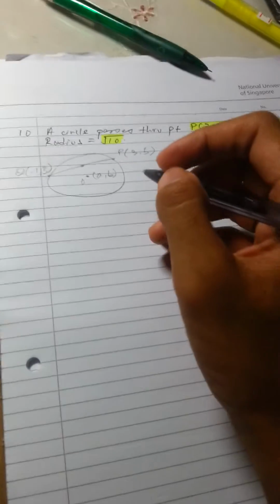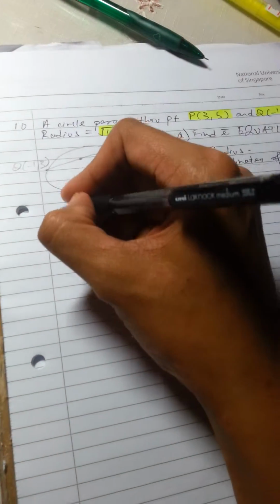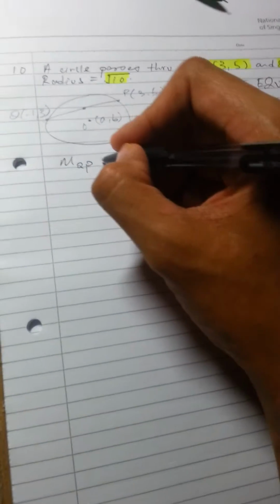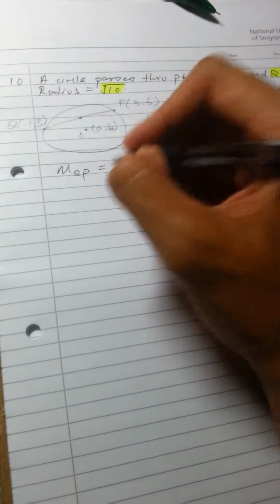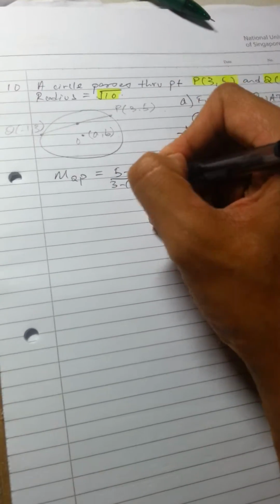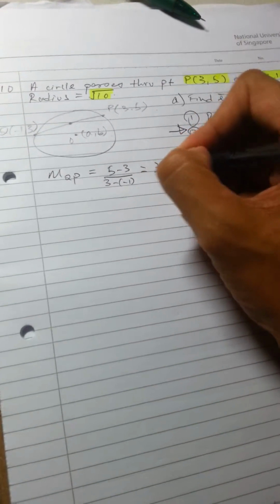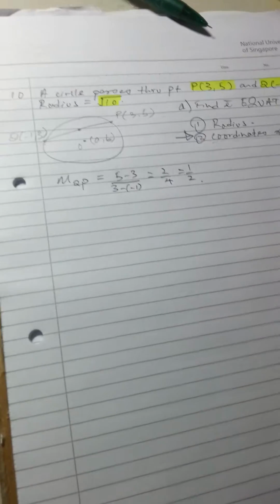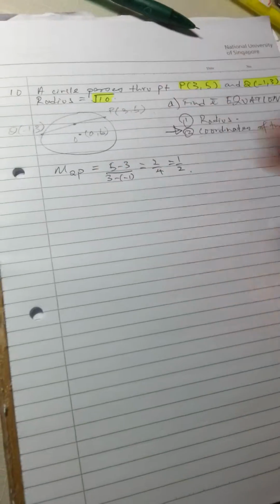How are you going to find the gradient of the line? First things first, let's name this. The gradient of QP is equals to 5 minus 3 over 3 minus -1, which is equals to 2 over 4, equals to half. And this is actually what you have done just now.